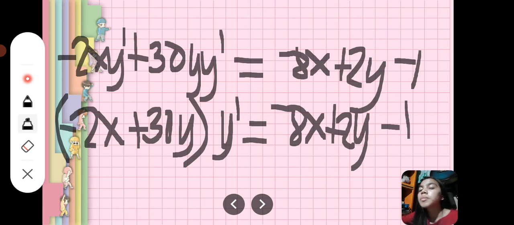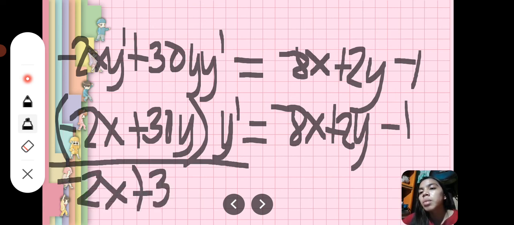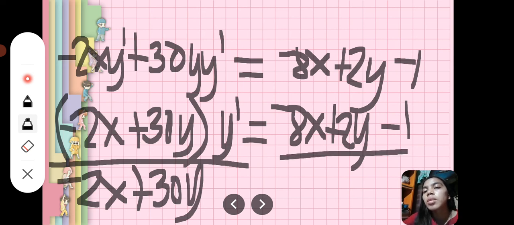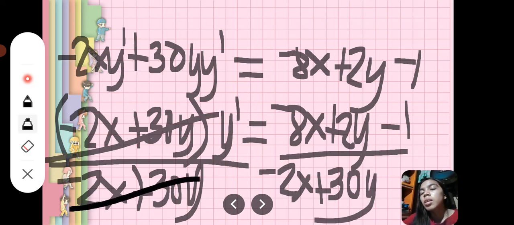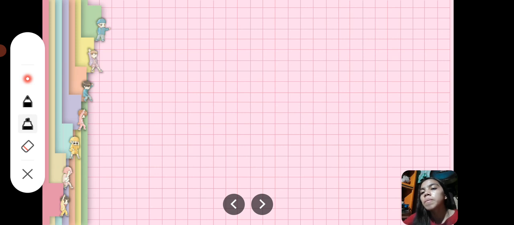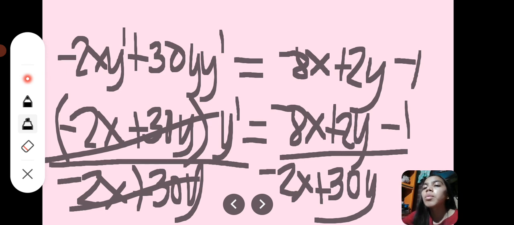Then we will be dividing both sides by negative 2x plus 30y. Then cancel this one, and the remaining will be this one.